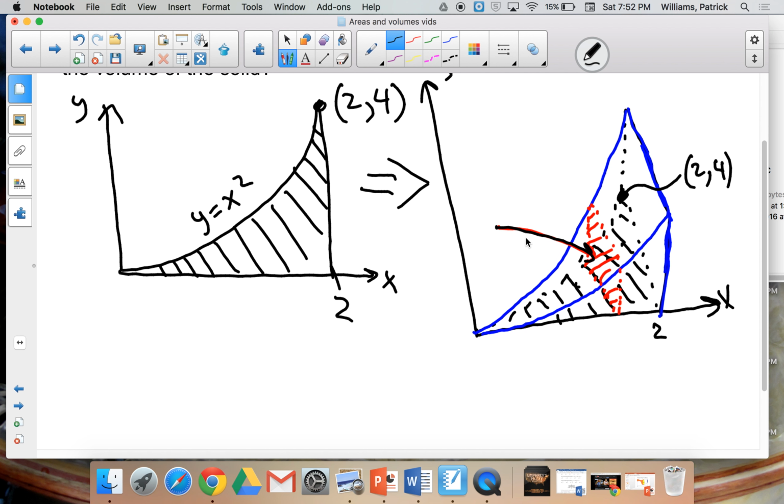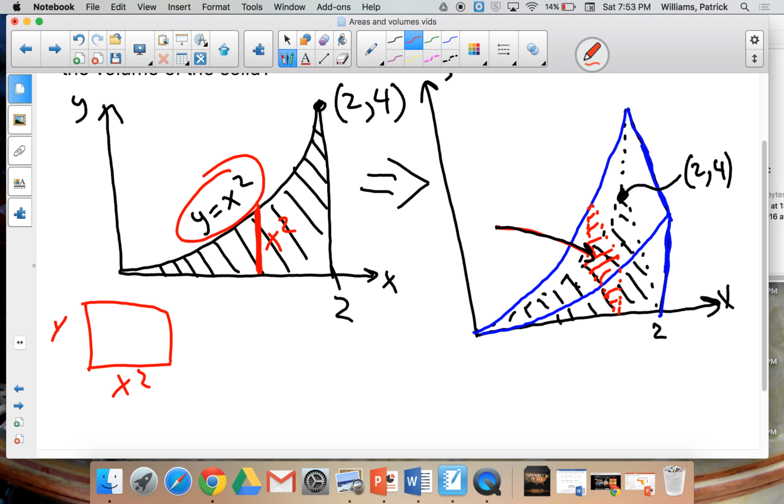So anyway, in this case, our area is going to be determined by one of the sides of this cross section. So realize that we had a function right here. This side, this red line I just drew, is going to have a height of x squared. So if we look at that square in the cross section, it'll have one side of x squared. If it's a square, the other side is x squared.